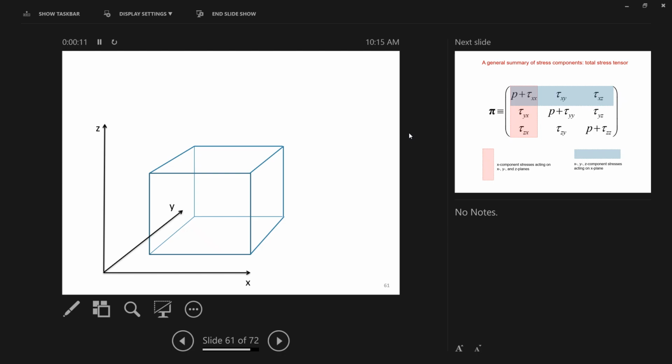So on this bottom plane, draw the direction of tau zz, tau zx, and tau zy. Do you have a piece of paper? I think you can do it on your own. On the bottom plane.